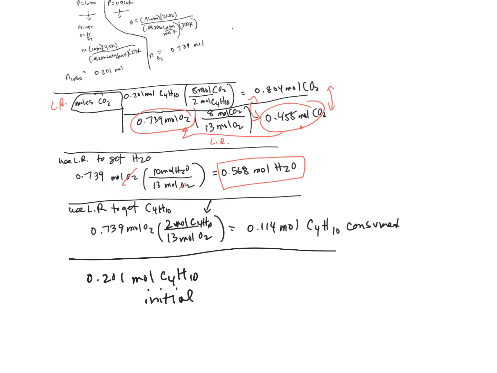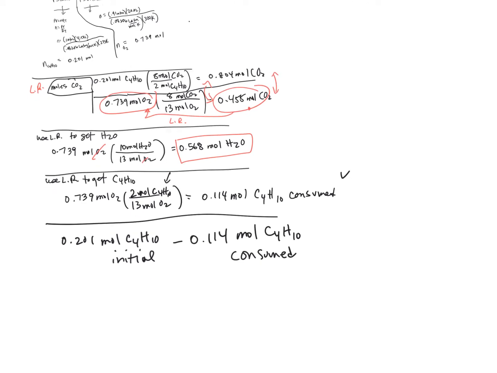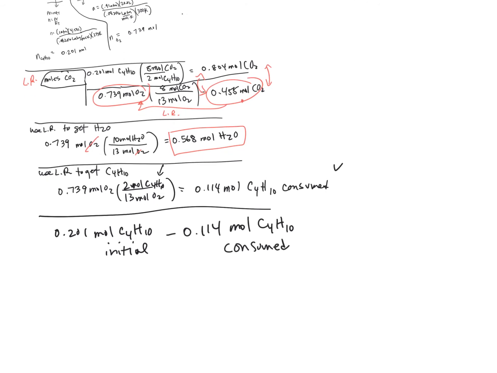And then you're going to subtract 0.114 moles C4H10 consumed. So right here. And then the difference between them is 0.087 moles butane, C4H10. That's how much is left over.